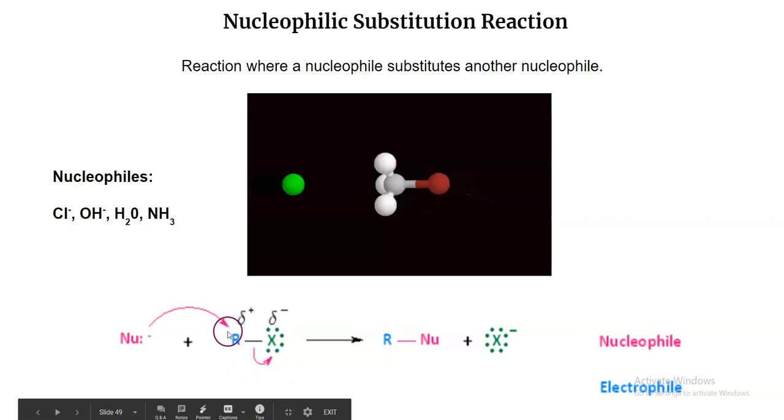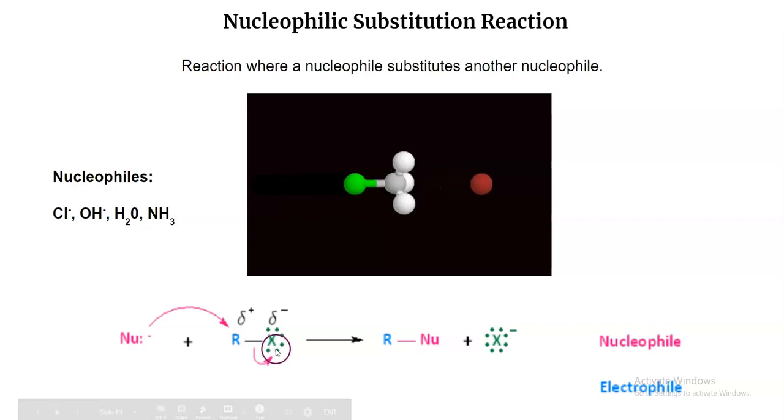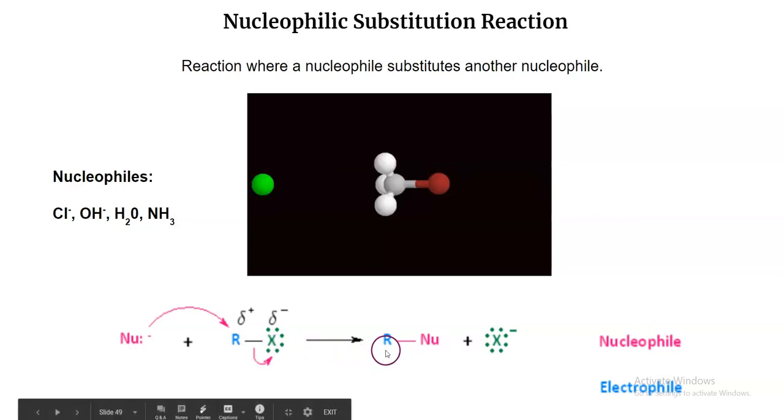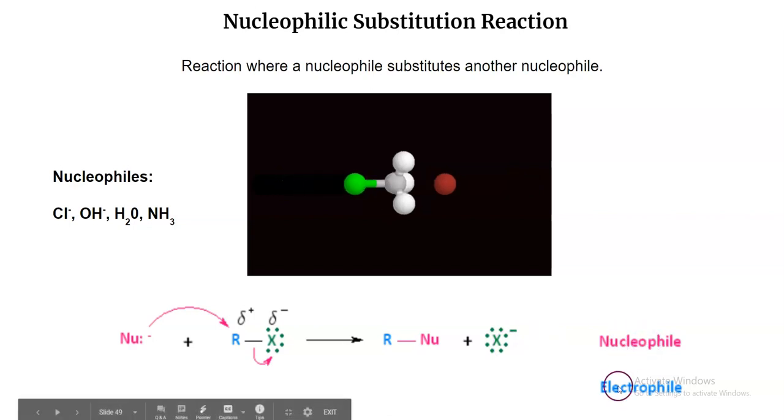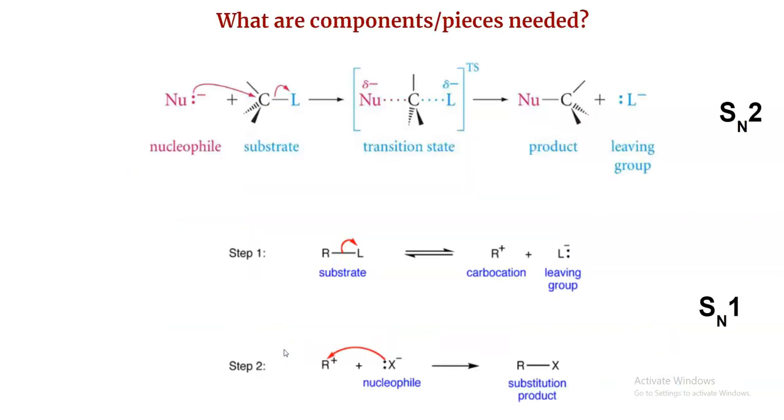This is the electrophilic part, and this is the incoming nucleophile, okay? So nucleophile, substrate, the electrophilic part of the substrate, and the leaving group part of the substrate, okay? As a result, the new bond is going to form between the R and the Nu. The X minus is going to go out as a leaving group, okay? So the one in pink is the nucleophile, the bluish, that's the electrophile, and the greenish part, that's the leaving group, okay? So that's the general background.